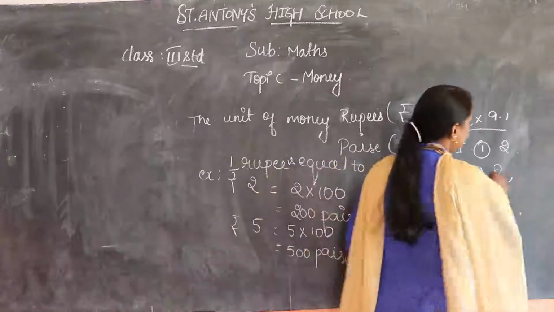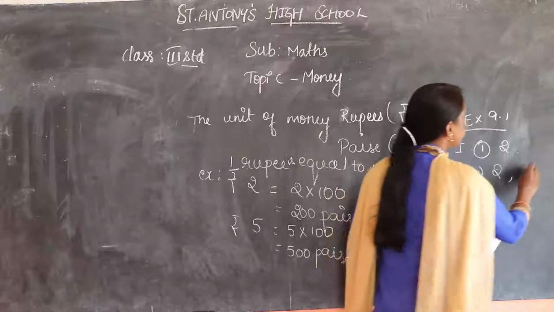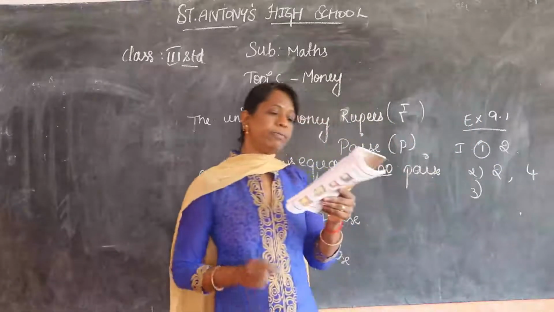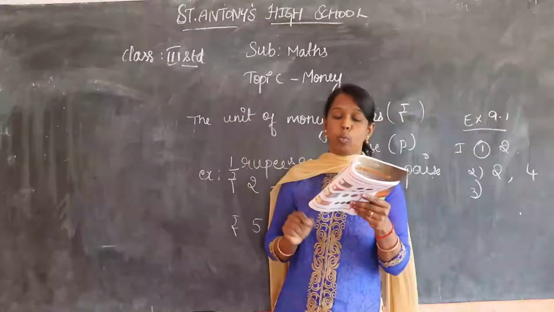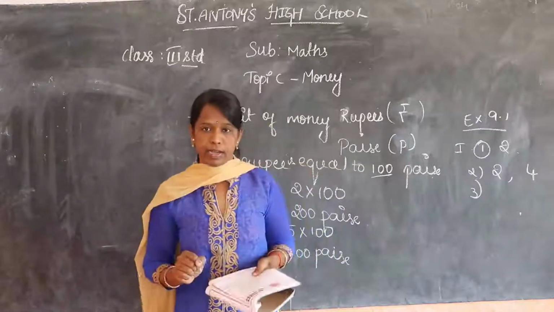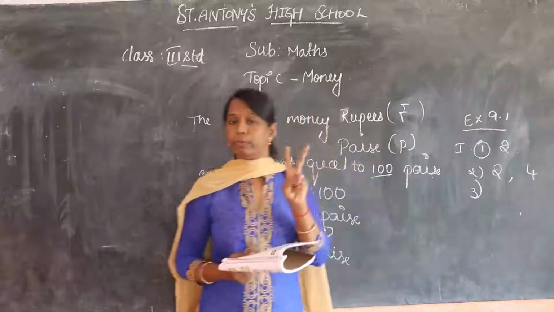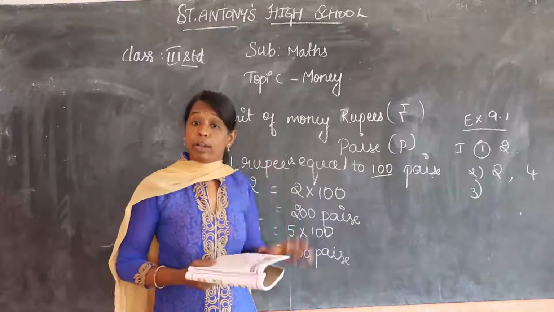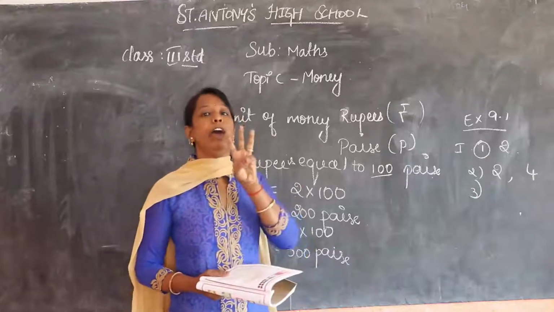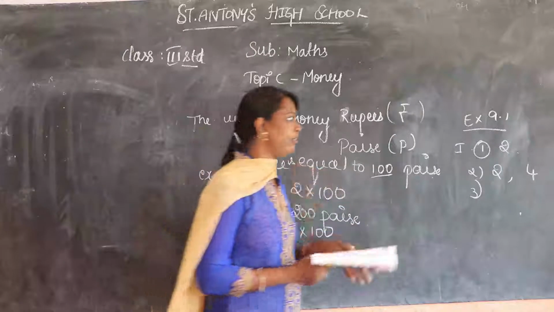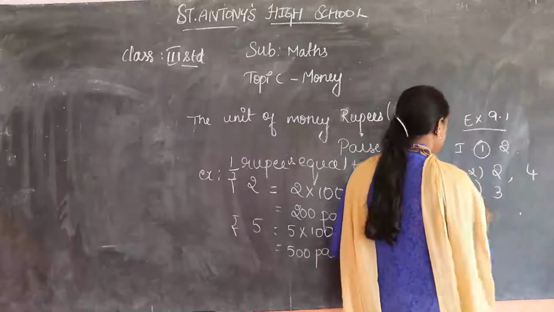Two for the first fill-up, 4 for the second. Next, there are dash 50 paisa coins in 1 rupee 50 paisa. For 1 rupee we have 2 coins, so for 1 rupee 50 paisa we have 3, 50 paisa coins.